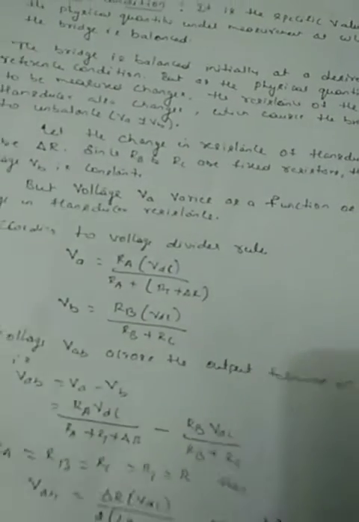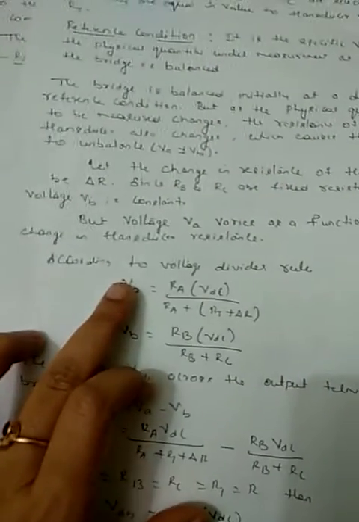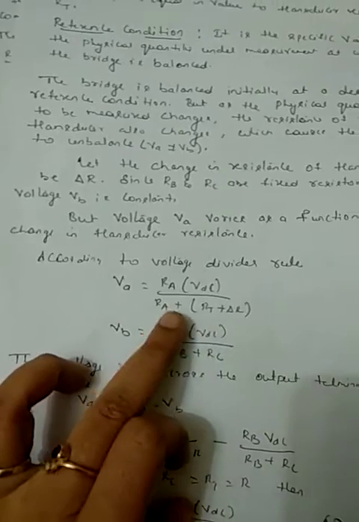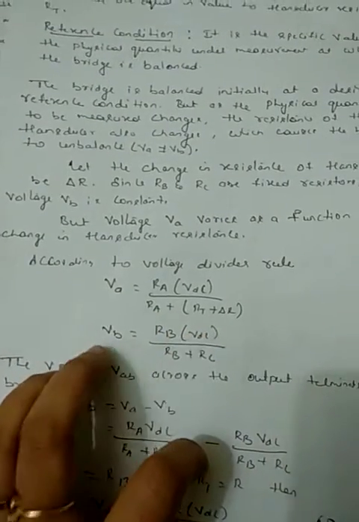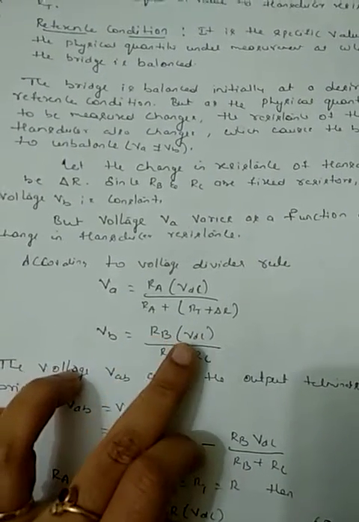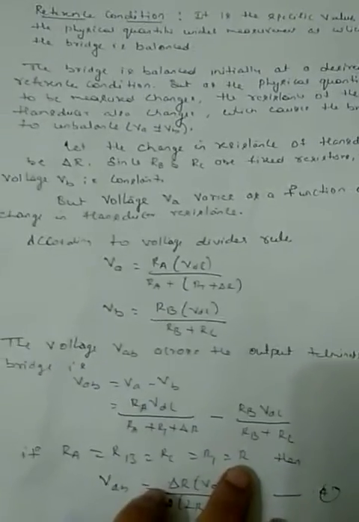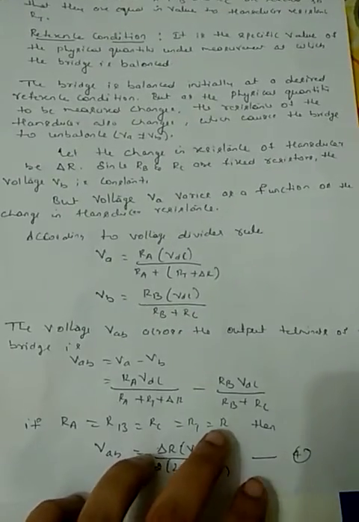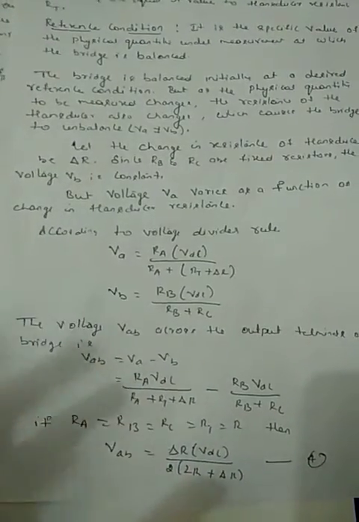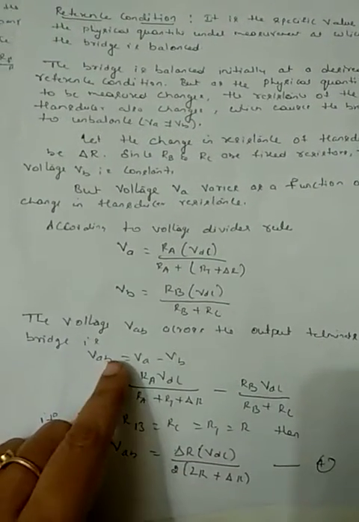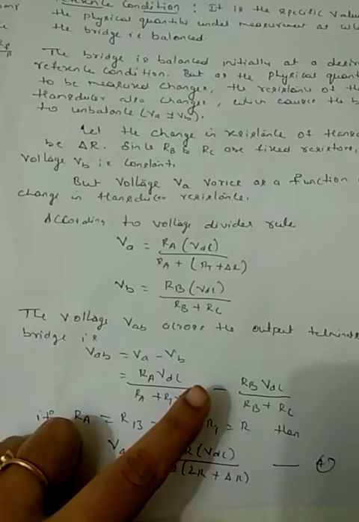That change in the transducer resistance is given by VA equal to RA into VDC divided by RA plus RT plus delta R, and VB is equal to RB into VDC divided by RB plus RC, which remains the same as previous. Now the voltage VAB across the output terminals of the bridge is VA minus VB.